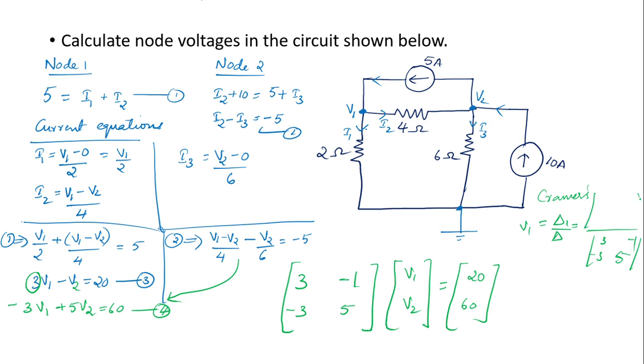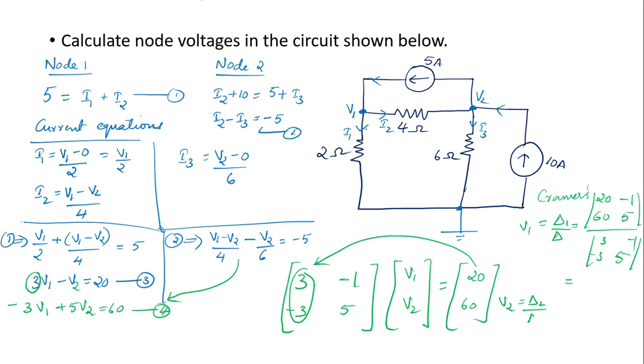How can you find delta 1? Since you need to find V1, you replace the first column with the column matrix and leave the remaining columns as they are. So 3 and minus 3 will be replaced by 20 and 60, and the remaining column is not going to be changed. You find out the determinant, you will get V1.